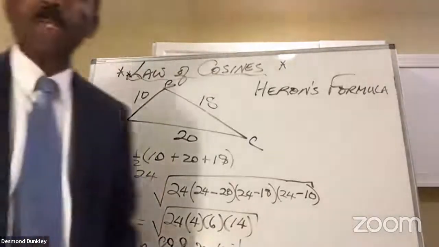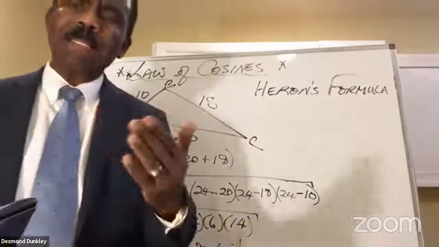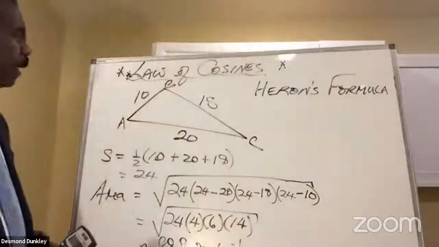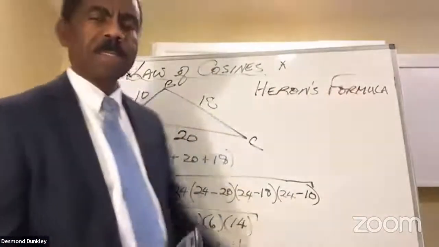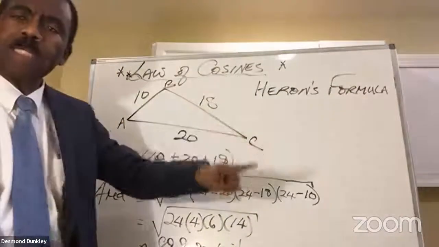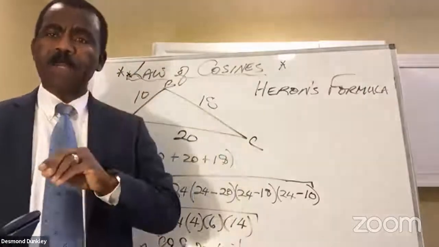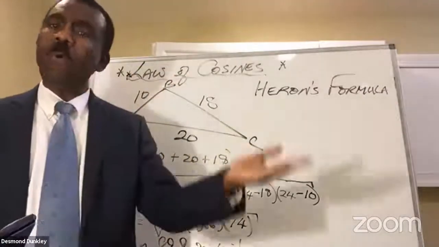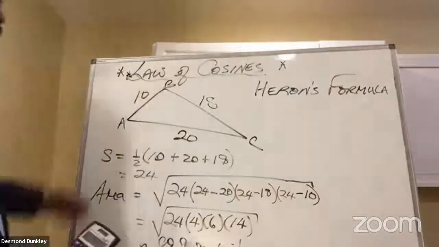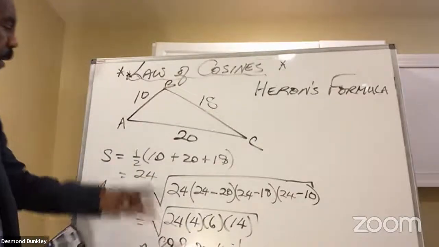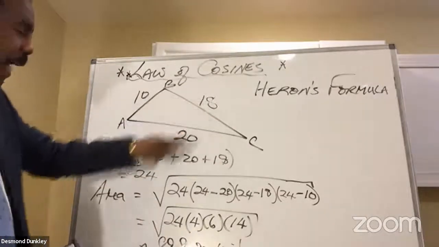So this is one of the last things that we covered from our last session. Again, Heron's formula says that if you're given the 3 sides of a triangle that is not a right triangle, just given 3 sides, no angle at all, then we can find the area by finding a half the perimeter.